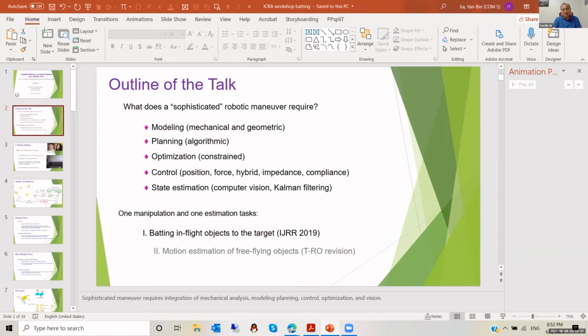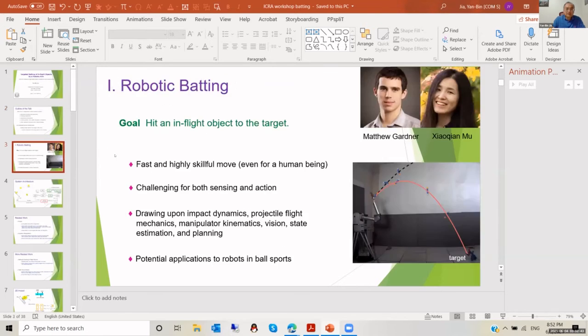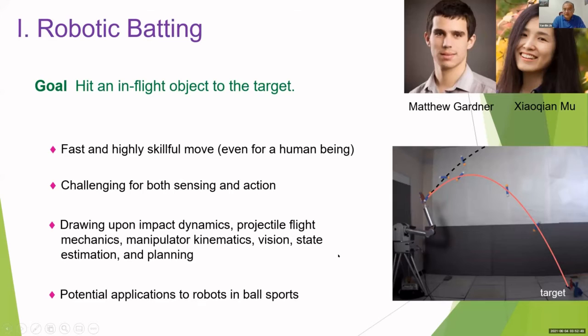And then as a byproduct, I'm going to look at the motion estimation of free-flying objects, which is a component of that. This represents the work with my former PhD student, Matthew Gardner, who's currently working at Boston Dynamics, and Xiao Qian, who's graduating pretty soon.